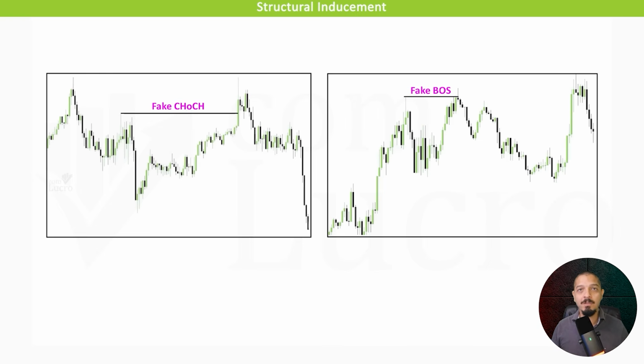Among all types, structural inducement is the most important because it appears directly inside market structure and forms patterns that traders see every day. Structural inducement occurs when price creates a false structure shift, such as a fake CHoCH or a misleading BOS, which encourages traders to enter early or in the wrong direction.